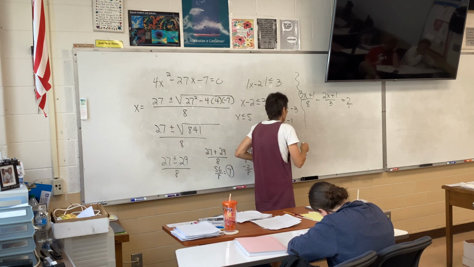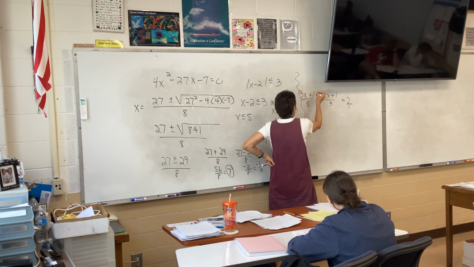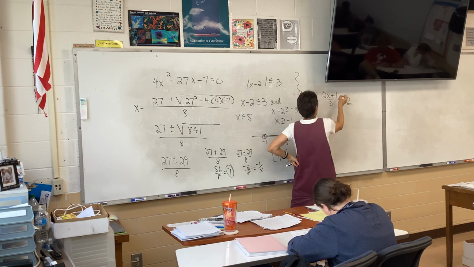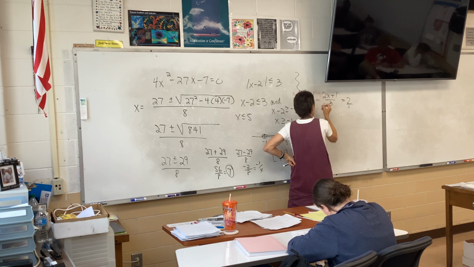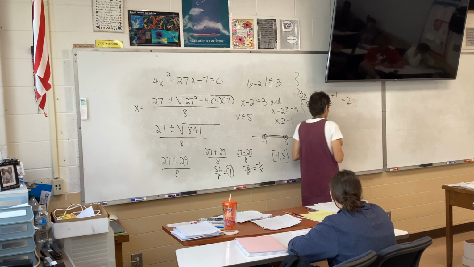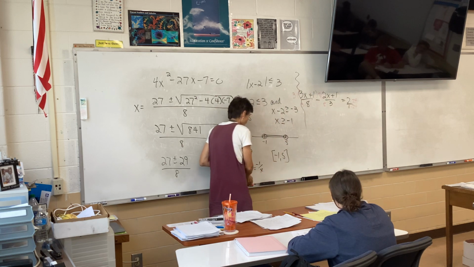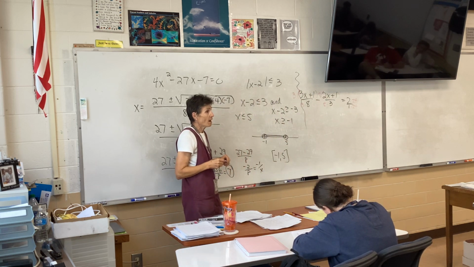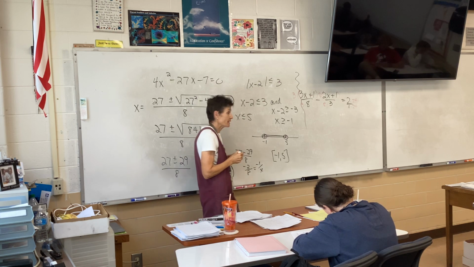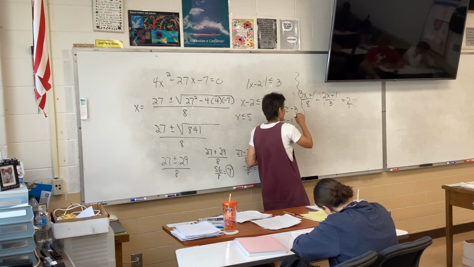So you said 24, so I'm going to multiply this one by 3, this one by 8, and this one by 24. Are all the denominators now 24? Yep, so I can forget them and do just the top.